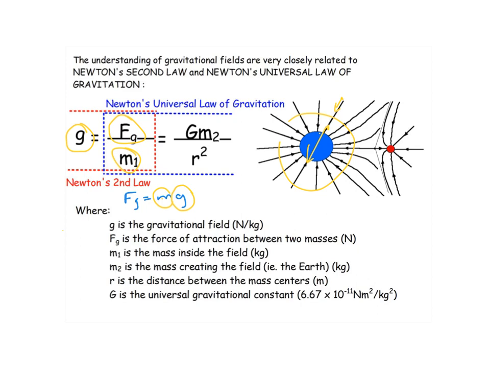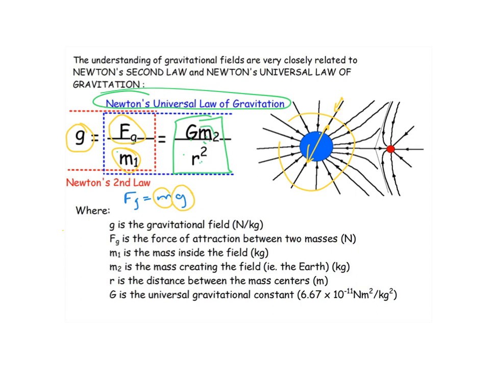Another way to calculate gravitational field strength is taking a part of our Fg equals m1 m2 over r squared. It's where both of these together come in. That's the blue part, Newton's universal law of gravitation. But we rearrange it, and another way to calculate g is big G times the mass of the thing causing the field divided by the distance from its center squared.